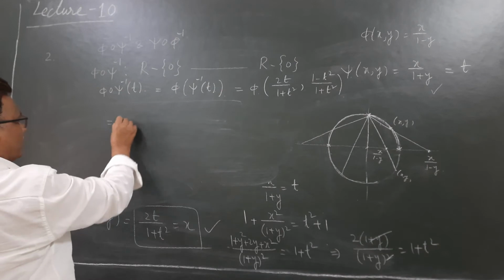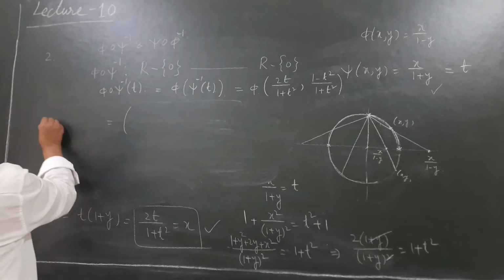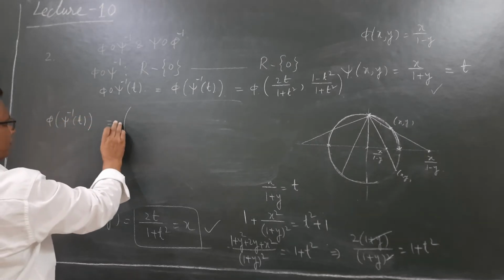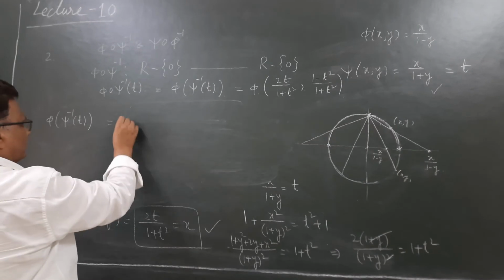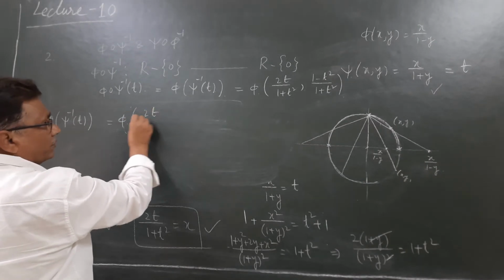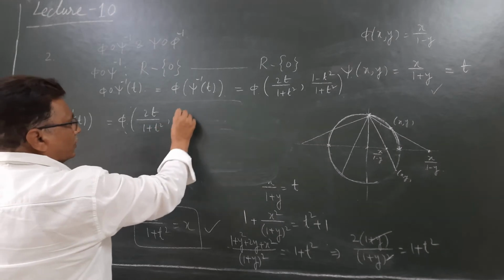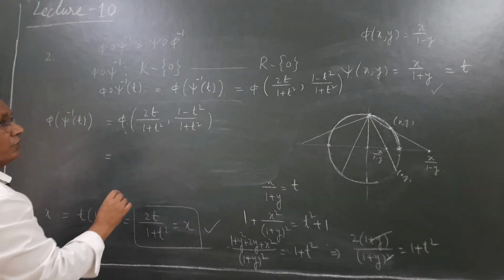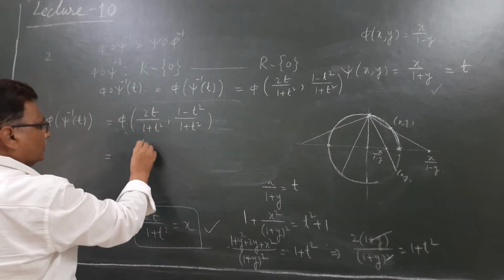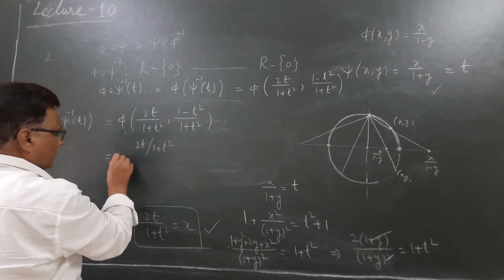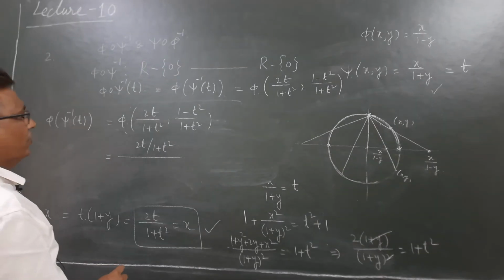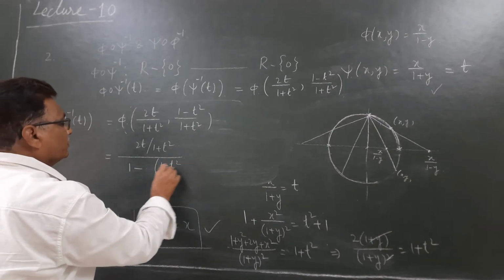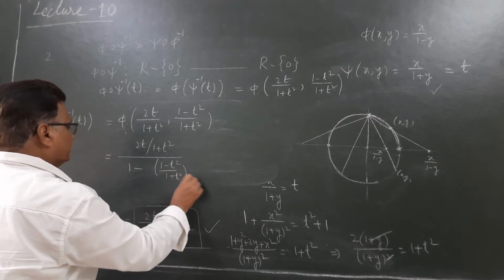So phi of psi inverse of t is equal to phi of this, पहले एक लाइन और लिख लेते हैं, 2t upon 1 plus t square, 1 minus t square upon 1 plus t square, and phi, as you told me, is x means 2t upon 1 plus t square upon 1 minus y. 1 minus y means 1 minus t square upon 1 plus t square.